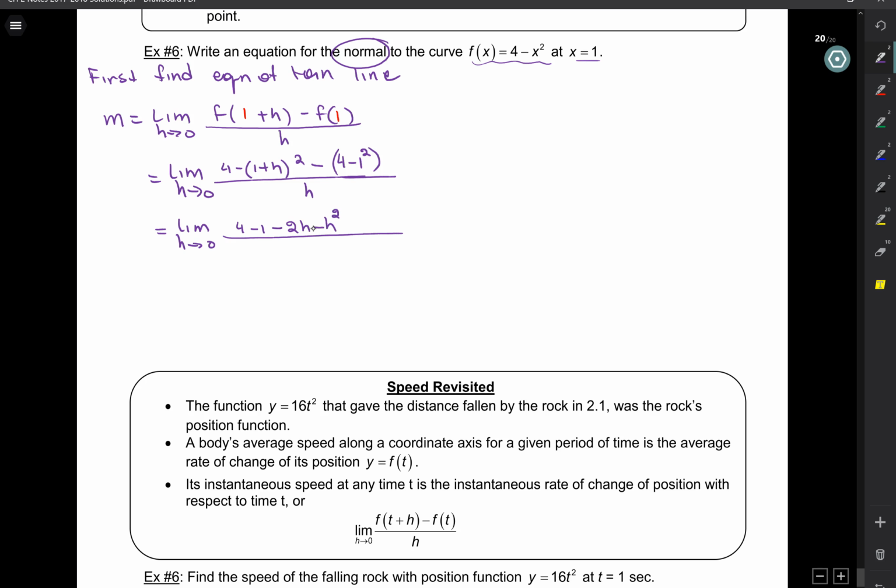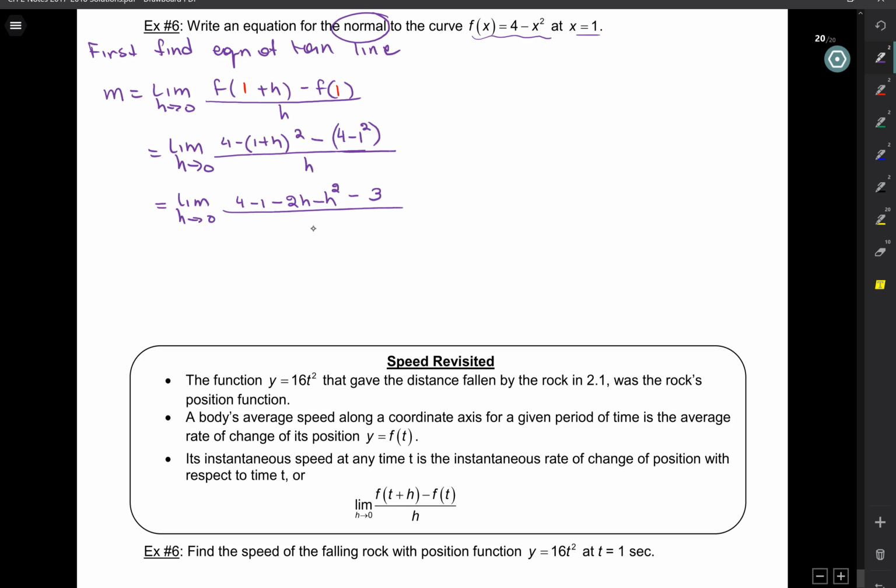I did two things at once here: I squared and I distributed the negative. Minus 4 minus 1 squared is just 4 minus 1, which is 3, all over h.